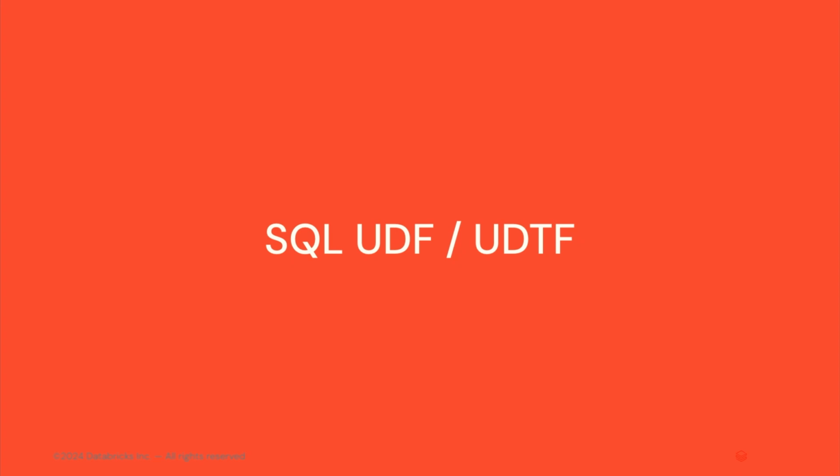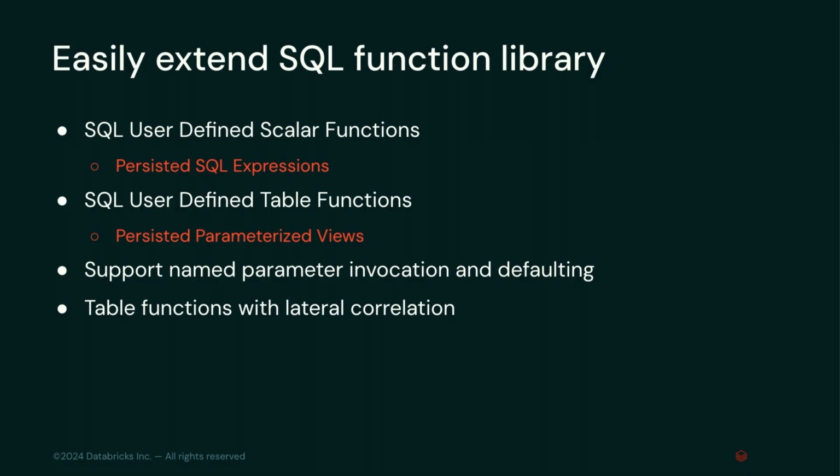SQL UDF is a very simple, powerful extension to Spark SQL. In Databricks, we added this feature 2 years ago, so almost all the customers are using this. It is very powerful, and performance is very good. So in 4.0, we add this to Apache Spark. SQL UDF and UDTF can extend our SQL function library in Spark.